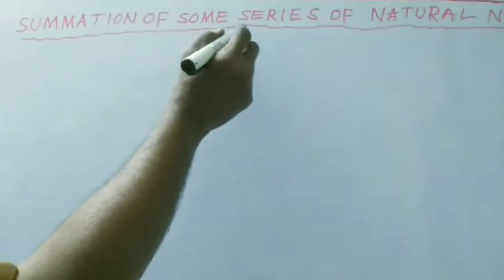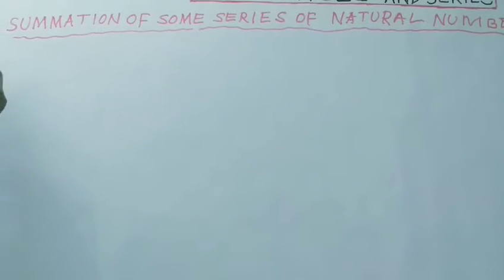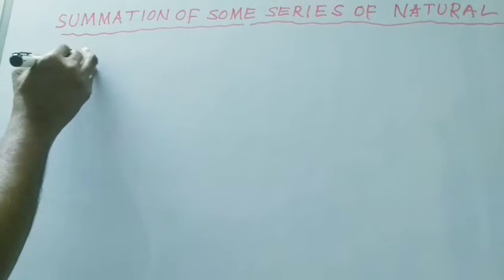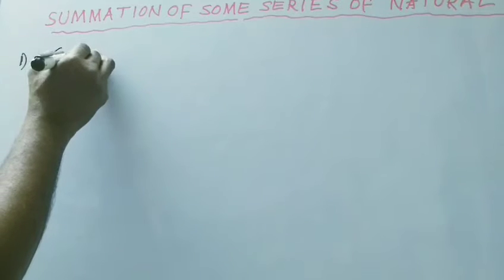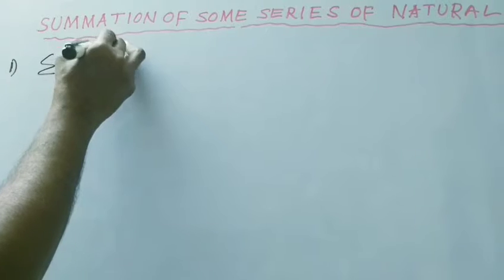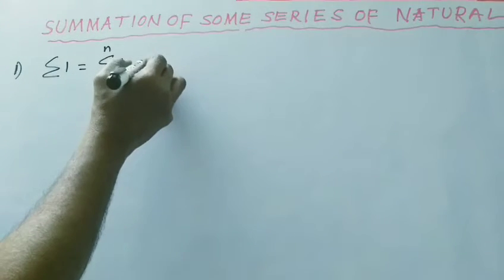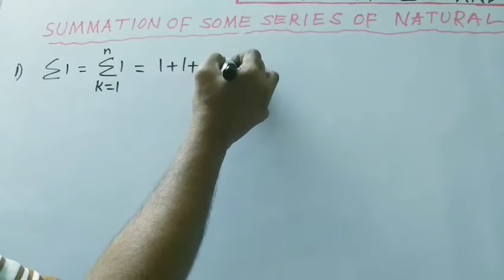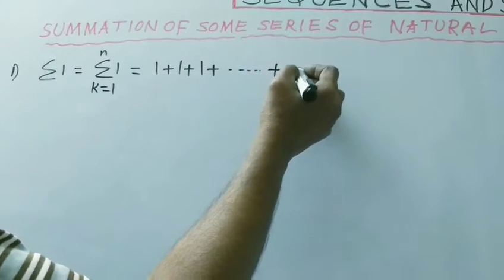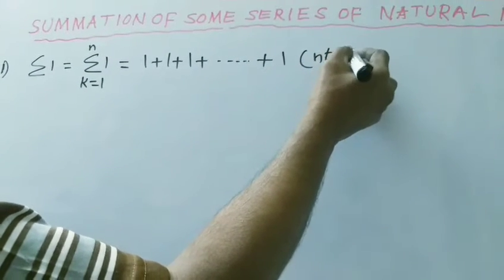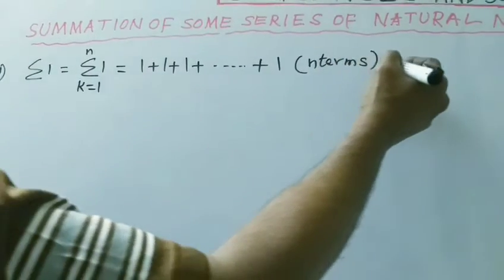The first one is sigma 1, summation of k is equal to 1 to n of 1, is equal to 1 plus 1 plus 1 plus and so on plus 1, n terms, is equal to n.